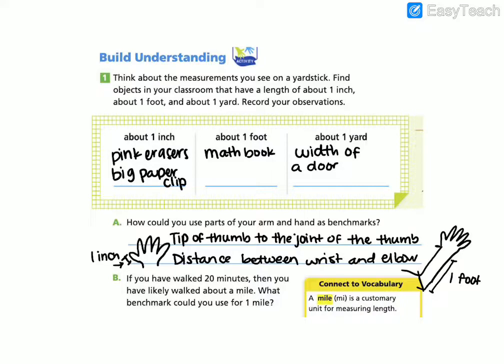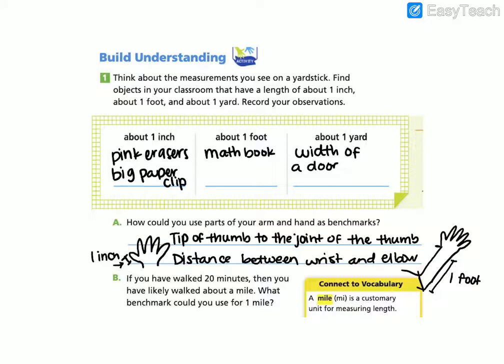Good, now let's take a look at letter B. It says, if you've walked 20 minutes, then you have likely walked about a mile. What benchmark could you use for 1 mile? So I want you to think about a distance that you walk that's about 20 minutes. I know if I do a walk around my neighborhood, it takes me about 20 minutes.